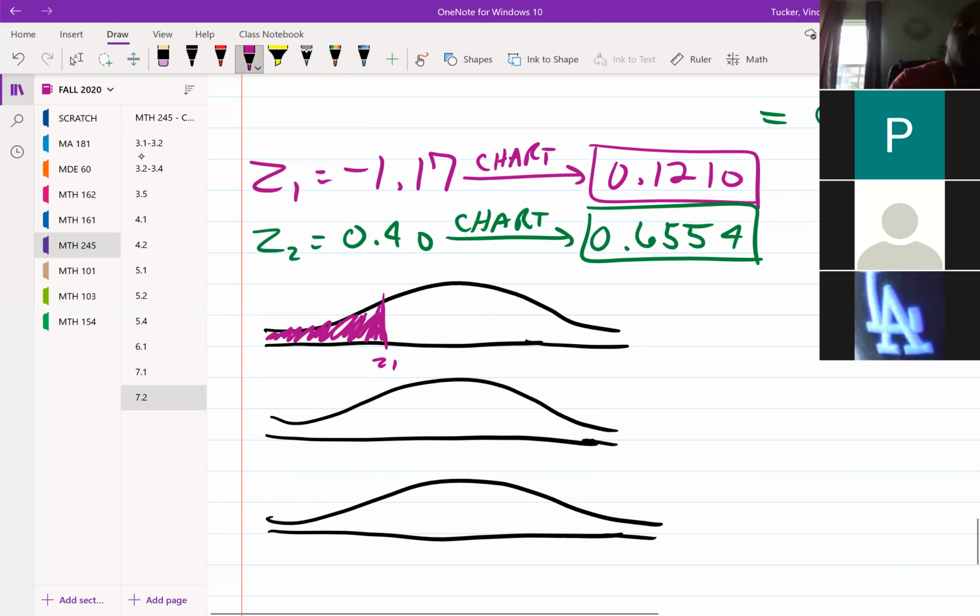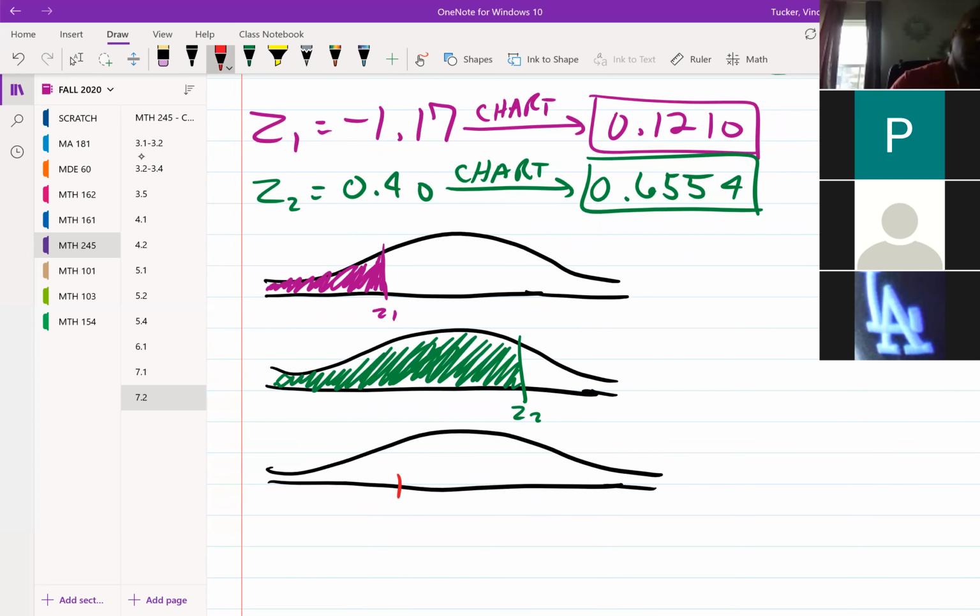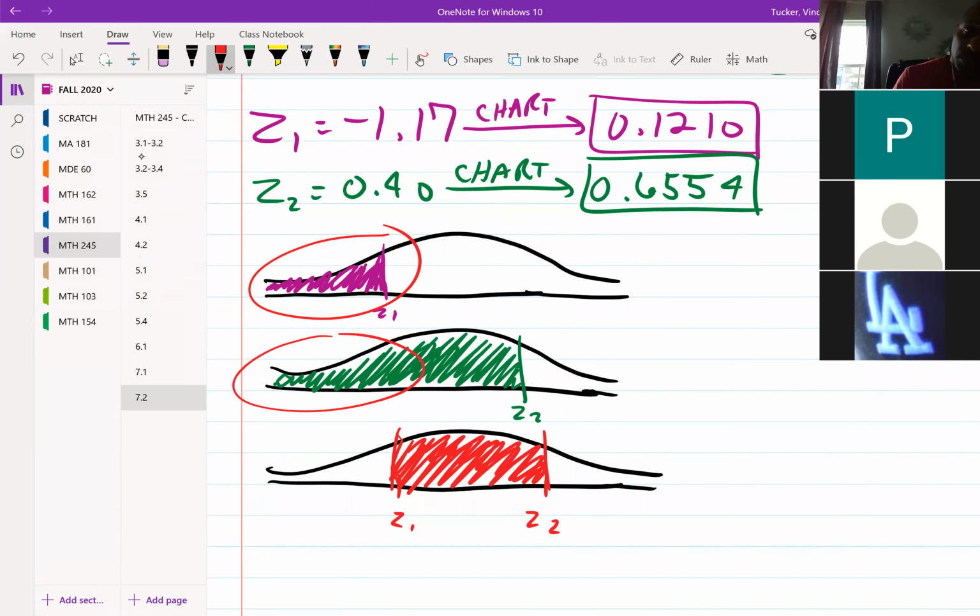And what we have for Z2 will be over here, further to the right. That represents what's to the left. Now, I want to know what's between the two. So if that's the case, what I would do is subtract this part from Z2, and that'll leave me with that piece.